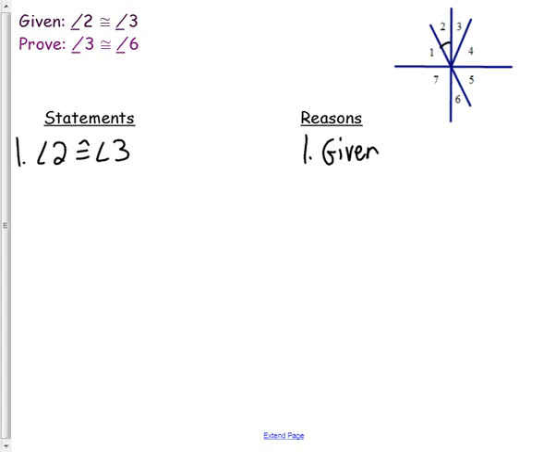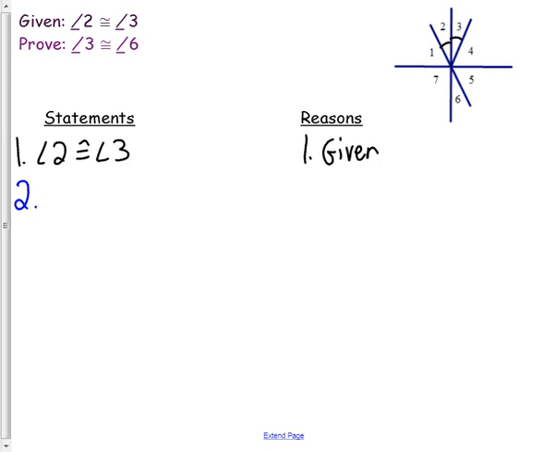We'll mark 2 and 3 are congruent. And we're asked to prove that angle 3 is congruent to angle 6. So now we are looking to make some type of connection to get 3 and 6 congruent. There's no other information in the given that we can use, so we have to go to the diagram.